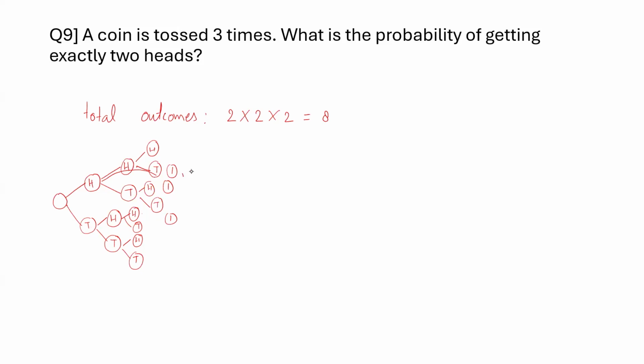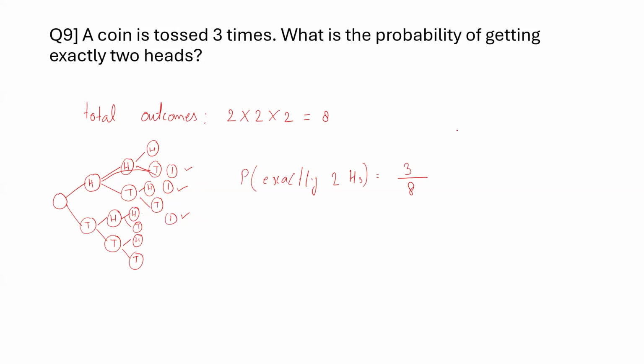So you have a total of 1, 2, and 3 cases. So probability of exactly 2 heads is 3/8, because only three possibilities are there where you have exactly 2 heads, right?